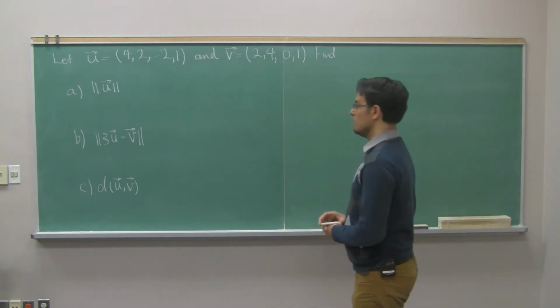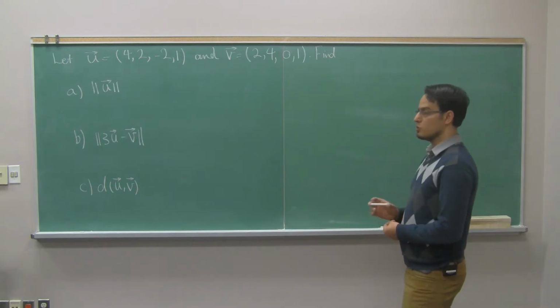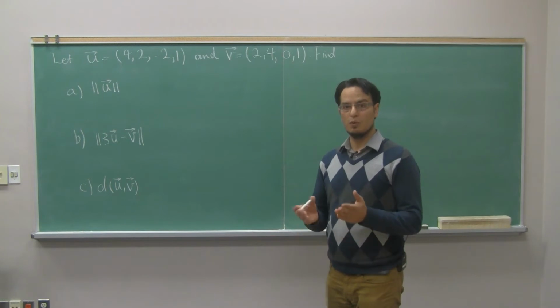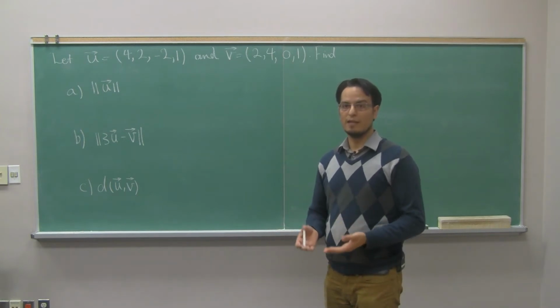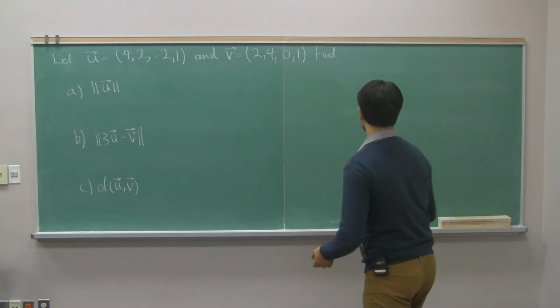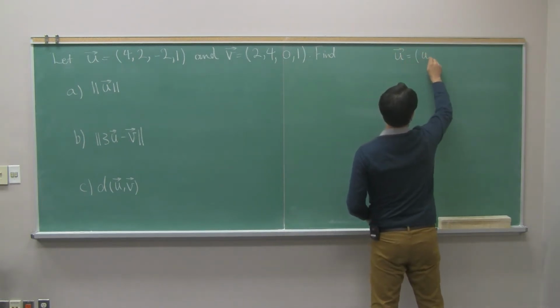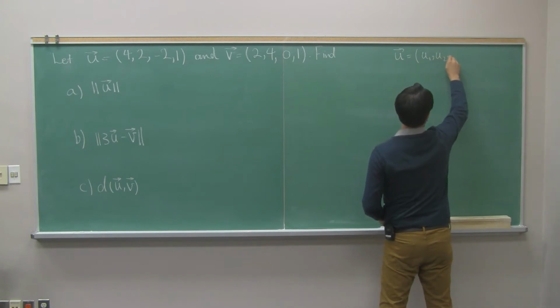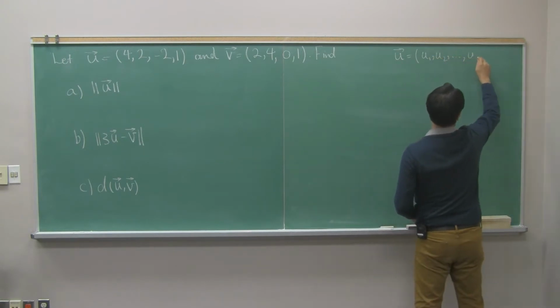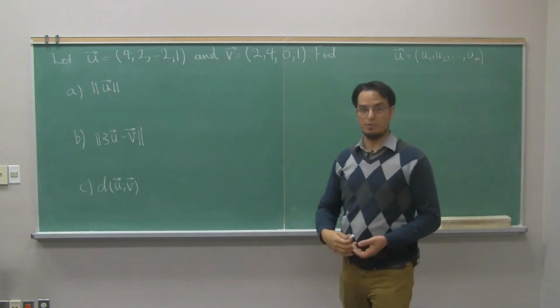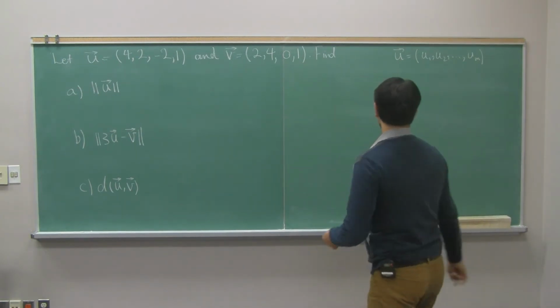So what we need to know to be able to solve questions like this is just a formula. What is the formula for the length of a vector in Rm in general? If I have a vector u with m components, this m can be 3, 4. In this specific example, it's going to be 4.